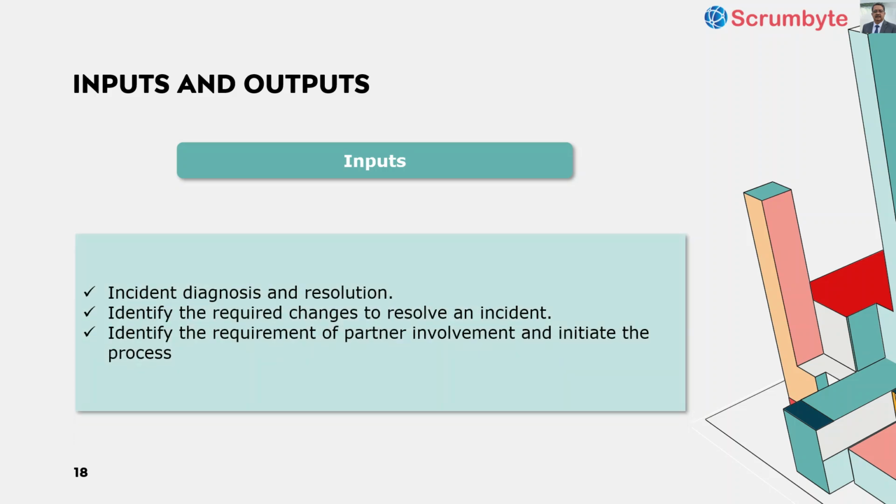So the inputs are the diagnosis and the resolution. We need to identify what are the required changes to resolve an incident. And we need to identify the requirement of the partner involvement and initiate the process. These are all the different types of input that are required for resolving an incident.